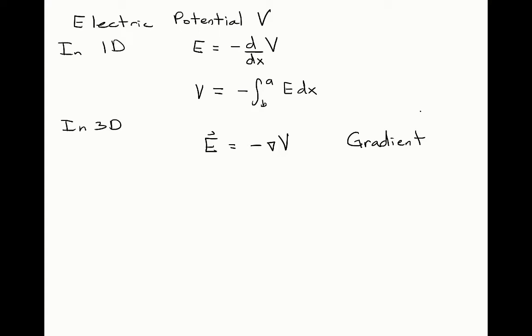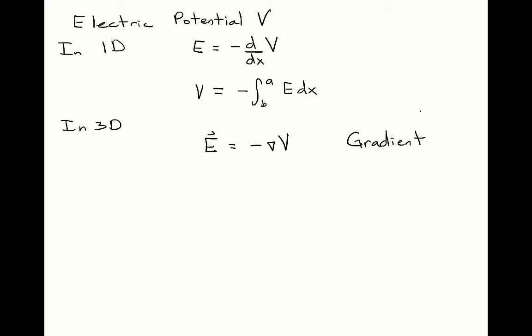So if you're thinking about gradient, think about a hill on a topographical map. You have a vector that points up the slope at any point on that slope, and that's the direction that the gradient points. But the electric field is the negative of that, so the electric field then points down the slope.